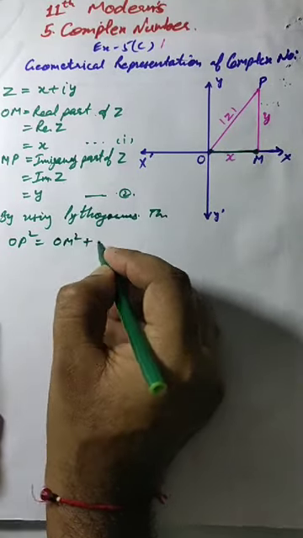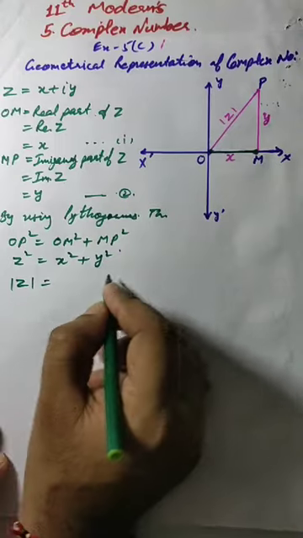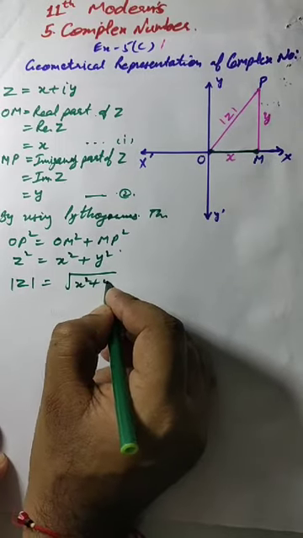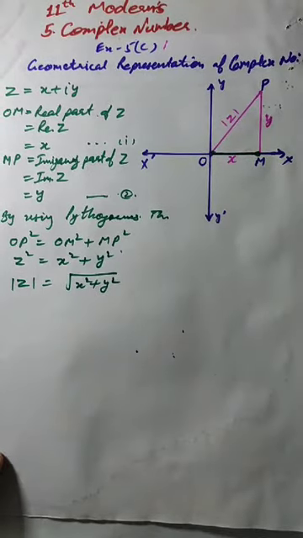So mod of Z is equal to the square root of x square plus y square, which is known as the magnitude, that is OP, the magnitude OP of the complex number.